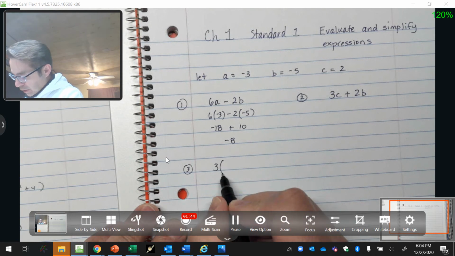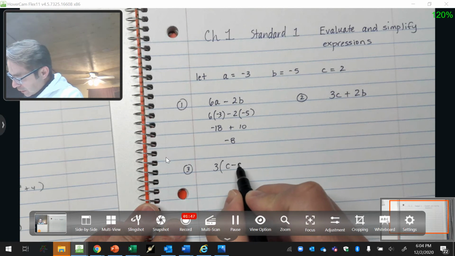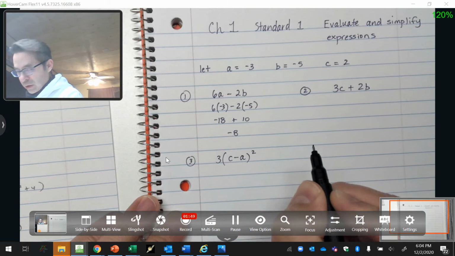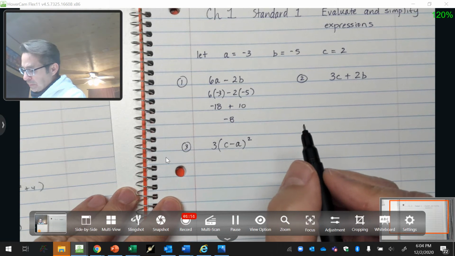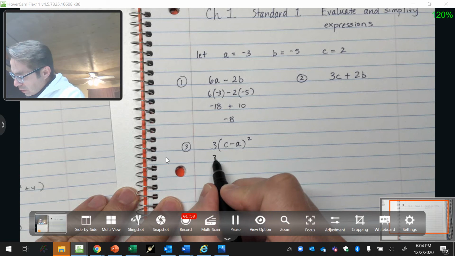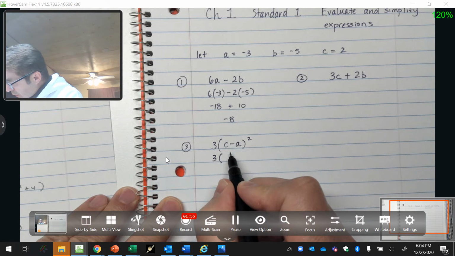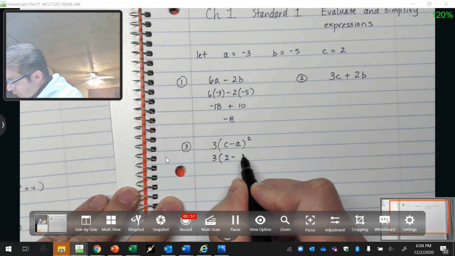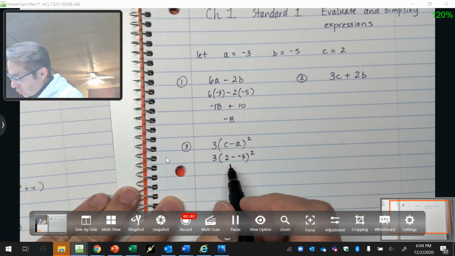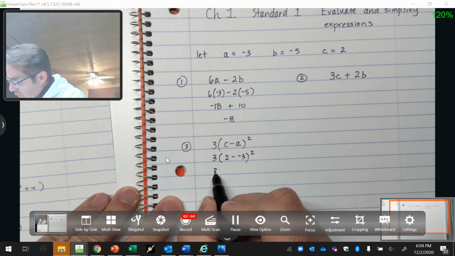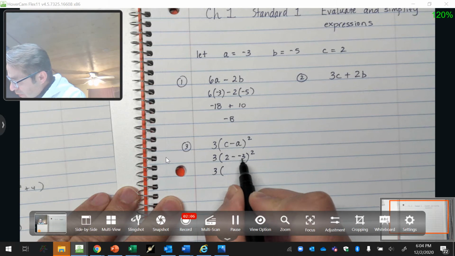3 times C minus A squared. 3, C is 2. A is -3 squared. So PEMDAS says do what's inside the parentheses first. 2 minus -3 is positive 5.